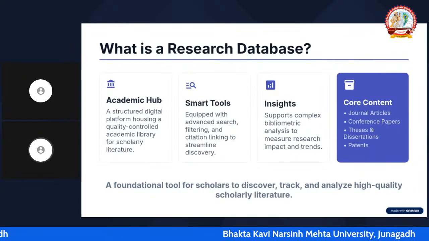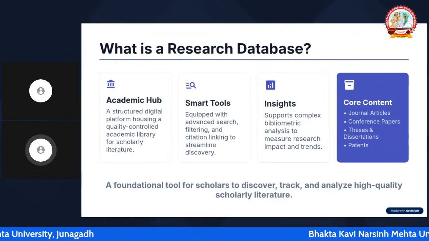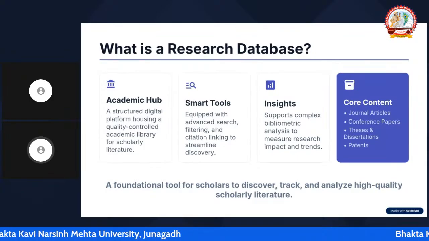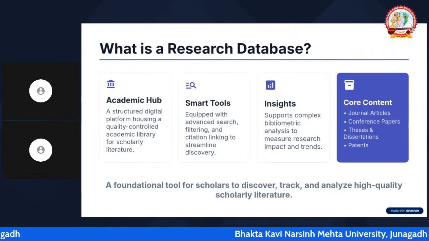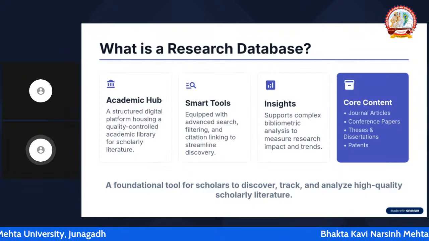What this database covers: journals, conference papers, theses, dissertations, patents, book chapters, dataset supplementary files. Say, for example, people have placed their dataset on IEEE DataPort. The dataset consists of air quality, that is, a particular location with air quality indices, carbon dioxide as well as methane.